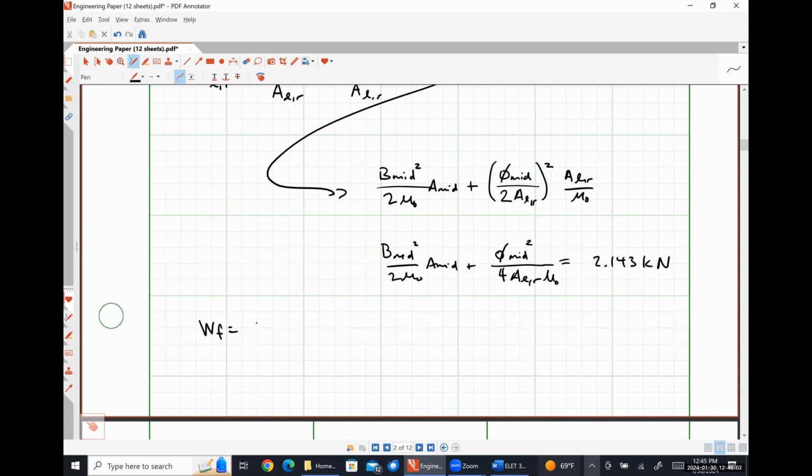So WF will be FM LG, so times 0.002, 4.287 joules. I'll have to go through my MathCAD sheet and see where I screwed up calculating that current later.